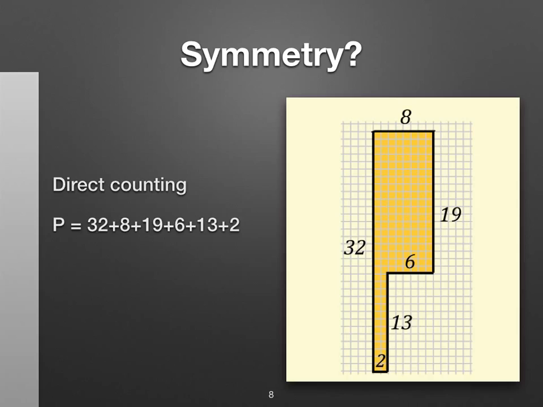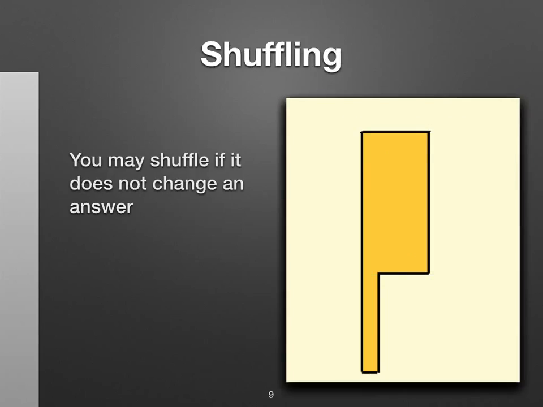By shuffling around pieces of the perimeter, we can try to simplify the problem. Shuffling. We can move around pieces as long as the answer doesn't change. The pieces of this figure's perimeter can be shuffled to make a rectangle.